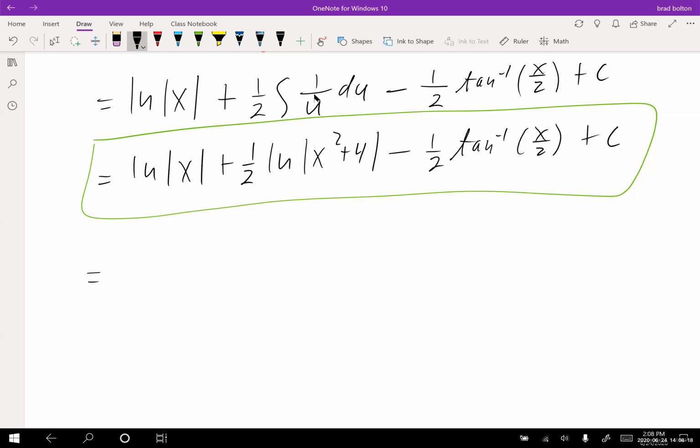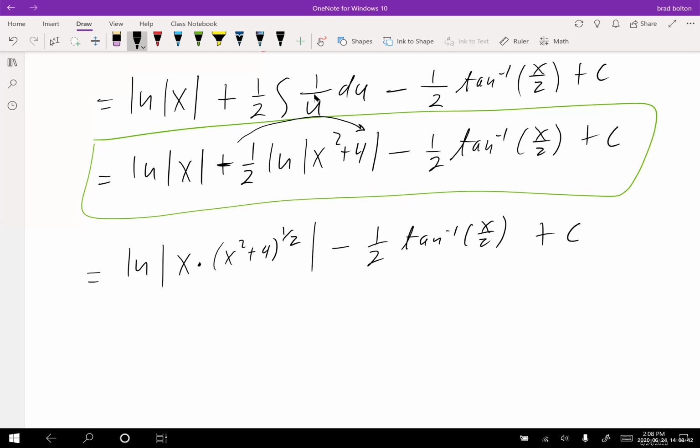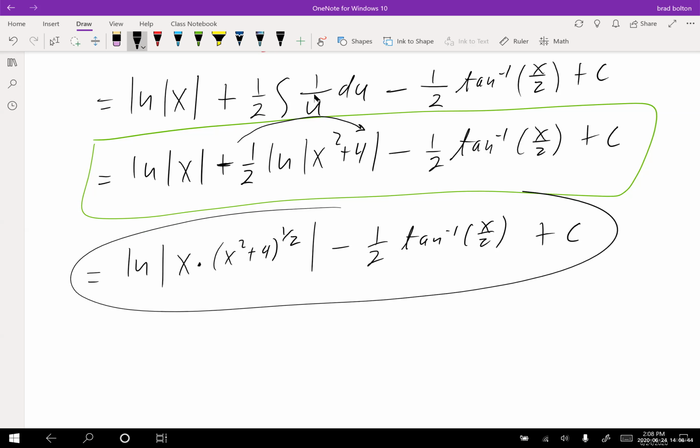But I have a feeling, once again, the book is going to say that you have to do the ln of the absolute value of, oops. So since these are addition, it's going to be the absolute value of x times x squared plus 4 to the 1/2 power. Remember, I just moved that power up to the argument. Minus 1/2 tan inverse x over 2 plus c. This would be the answer I think you'll see in the book, but I would take the green answer as well.